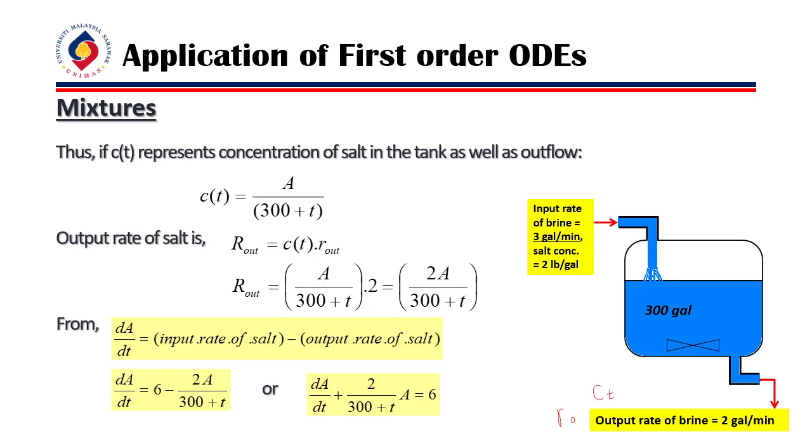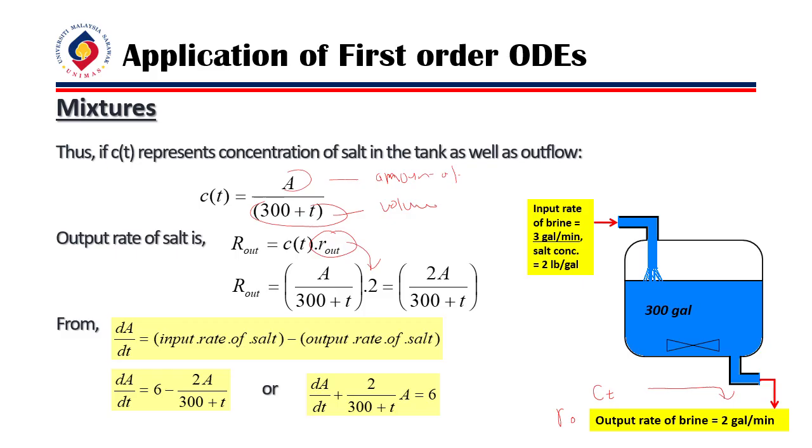We know that A here is the amount of salt inside the tank, and 300 plus t here is the volume of brine. So by dividing these two, we get the concentration that is leaving the tank. All right, and then r out is given by 2.